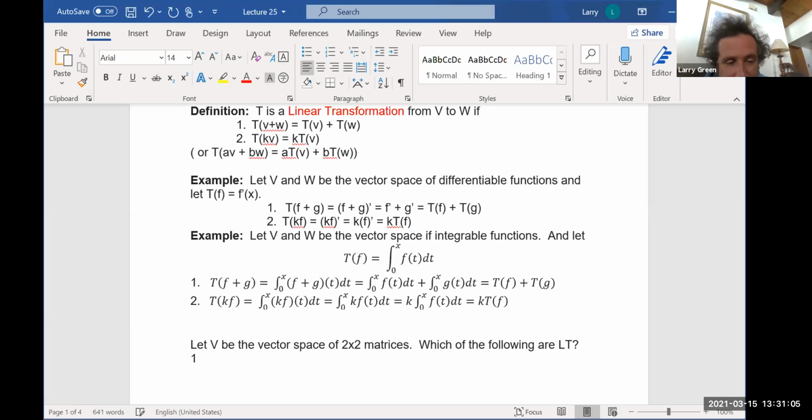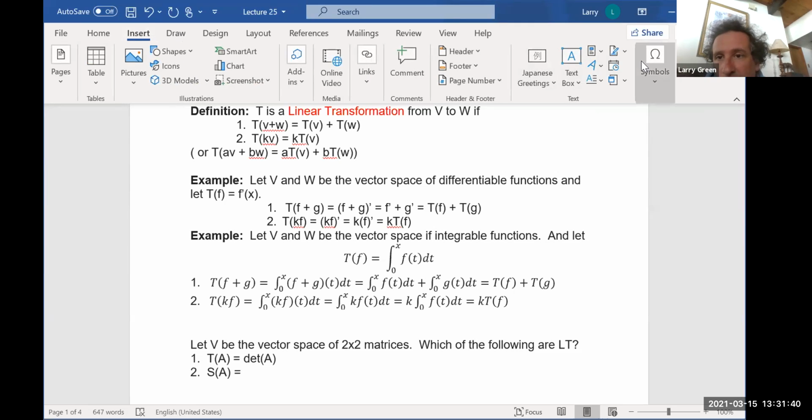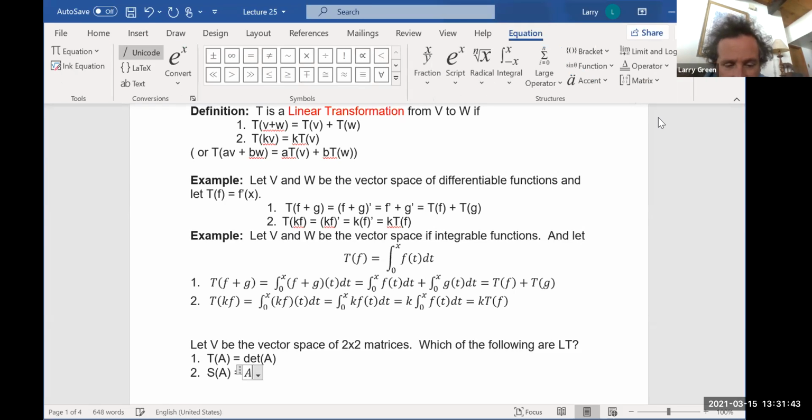So the first is T of, let's call it A for matrix, equals determinant of A. The second, actually, I should give it another letter. How about S of A is equal to A transpose.